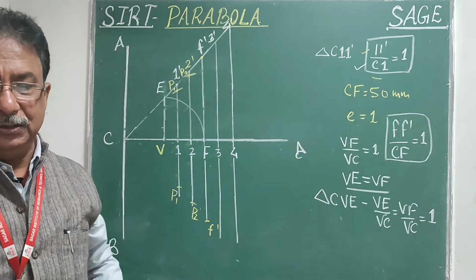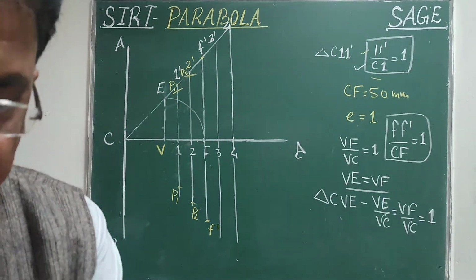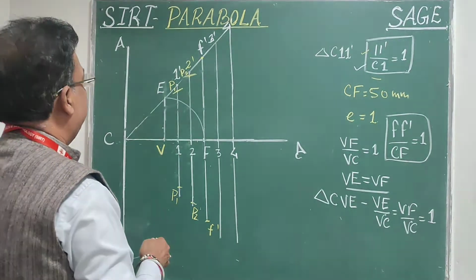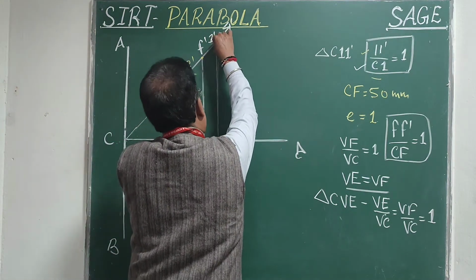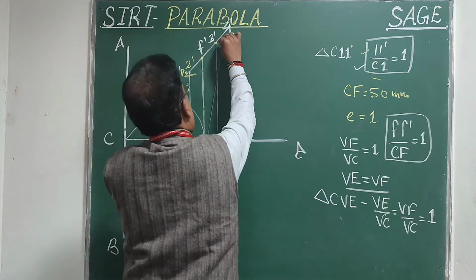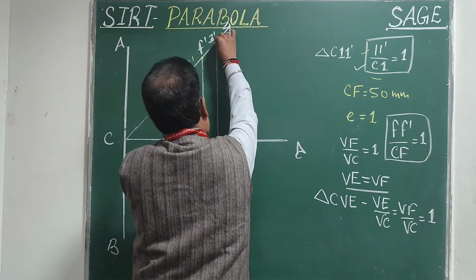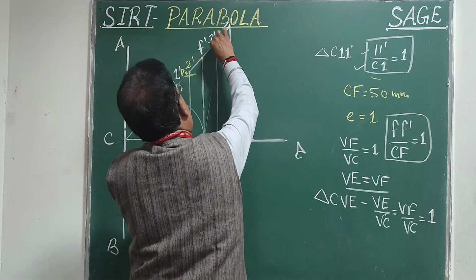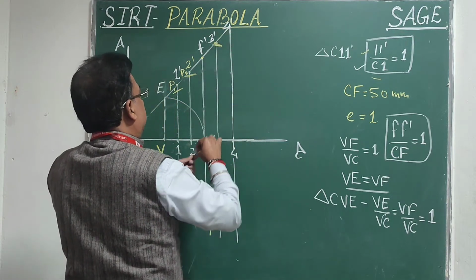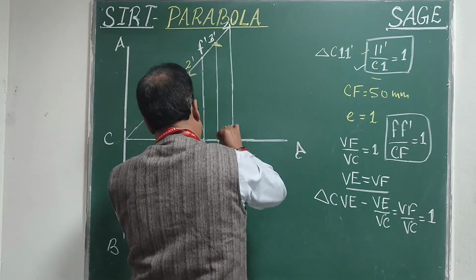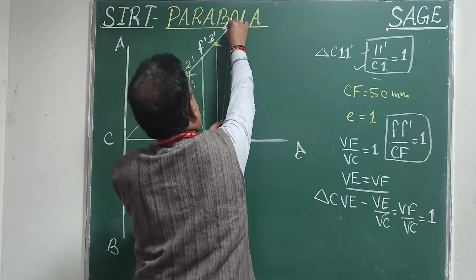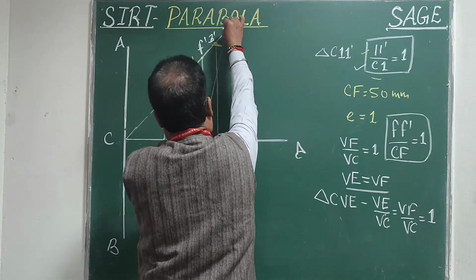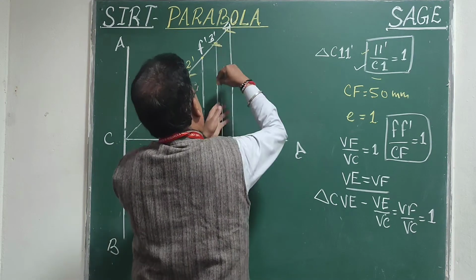Again the logic will be same. Take focus as center, radius equals to 3 3 dash. So this 3 3 dash will be the radius, center will be focus. From focus cut this line. Same way upside and downside. Then next time this 4 4 dash, and again the center will be focus.